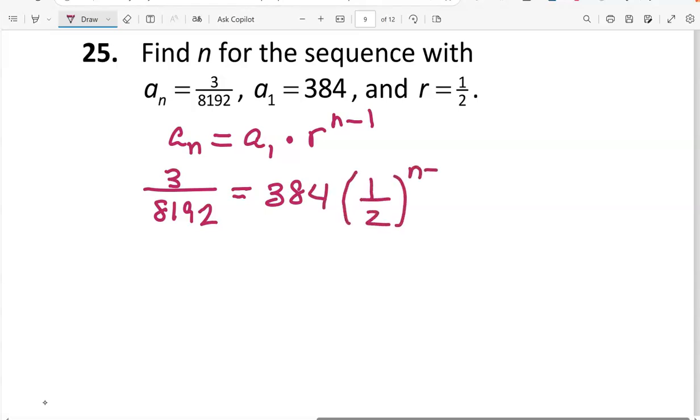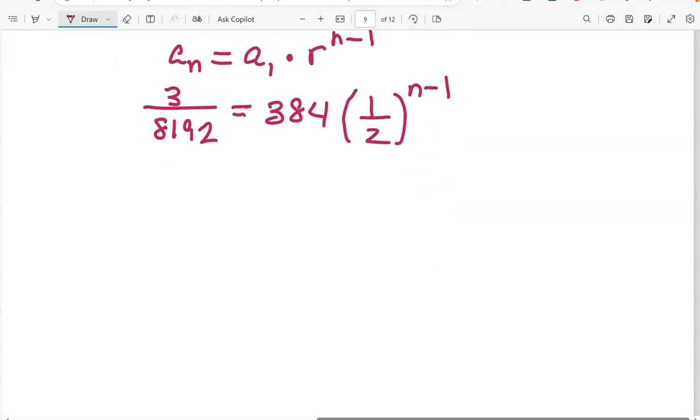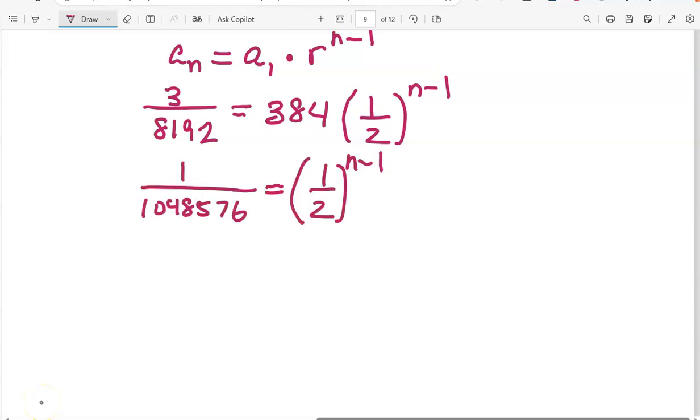Since we are solving for an exponent, we are going to need logs, so I'm going to divide by 384 first. If it makes it easier to do the computation, you can think of this as multiplying by 1/384 instead of dividing by 384. So we get a result of 1 over 1,048,576, and that's equal to 1/2 raised to the n minus 1 power.